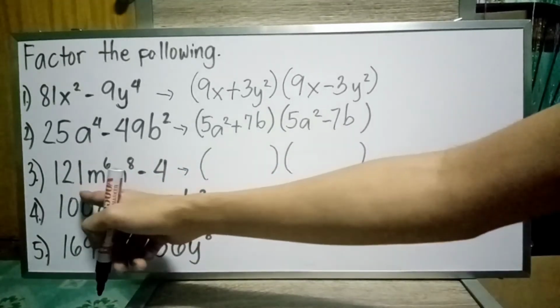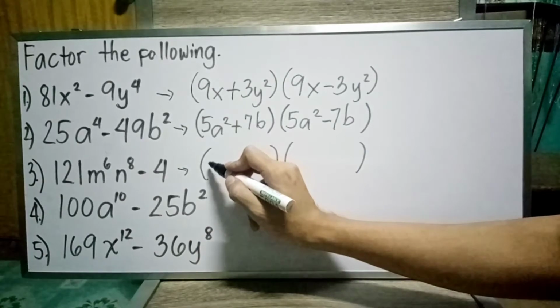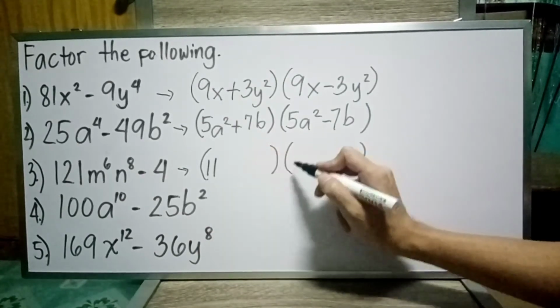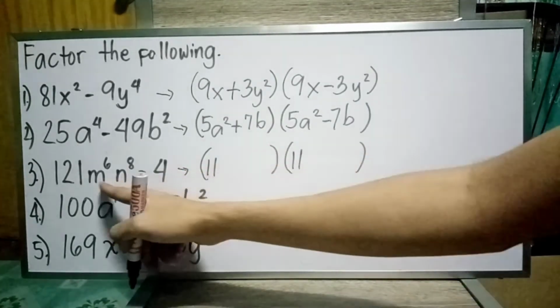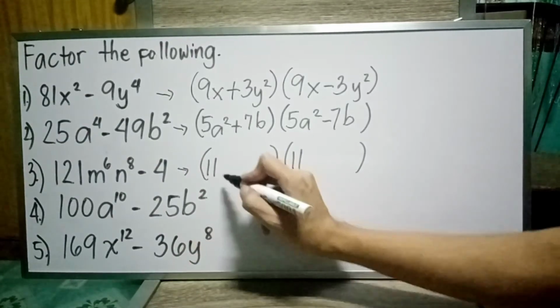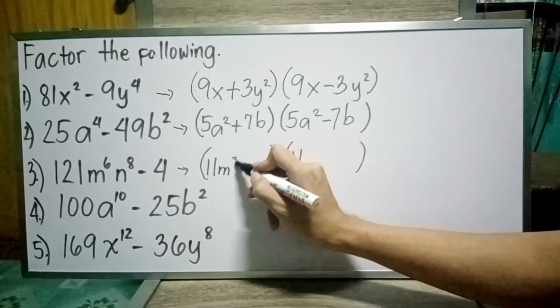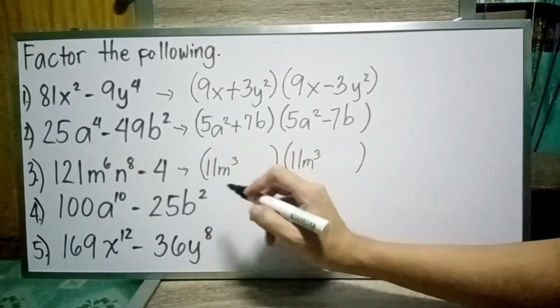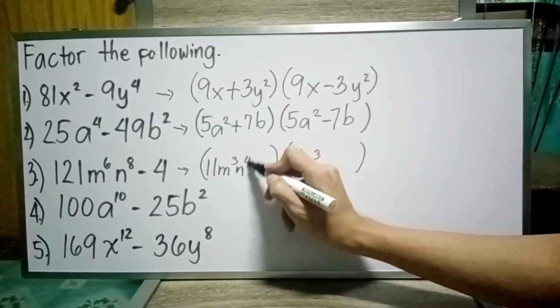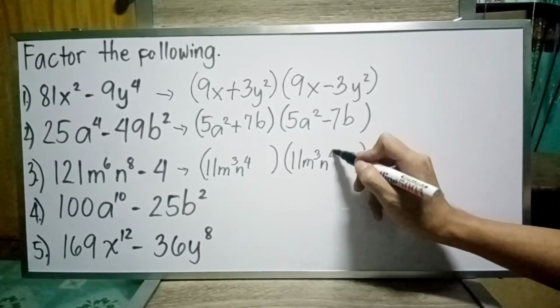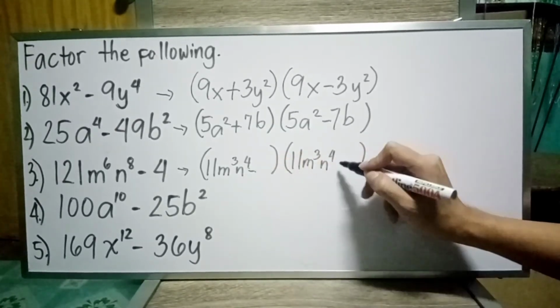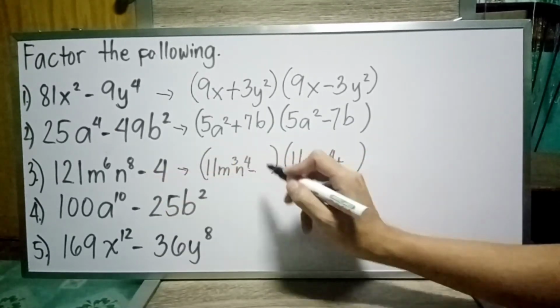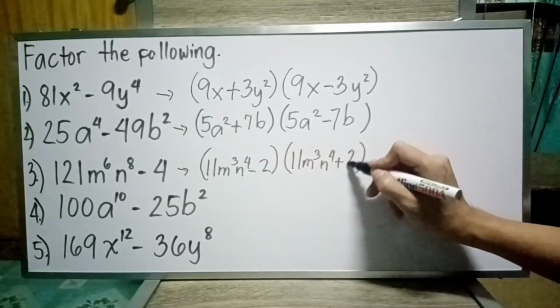Square root of 121, that is 11. m to the 6, that is m cubed. m cubed. n to the 8, that is n to the 4th. n to the 4th. Minus plus the square root of 4, that is 2. 2.